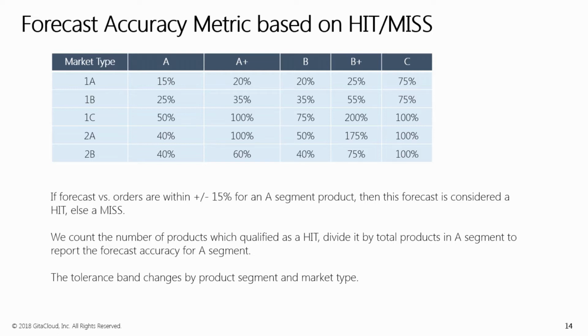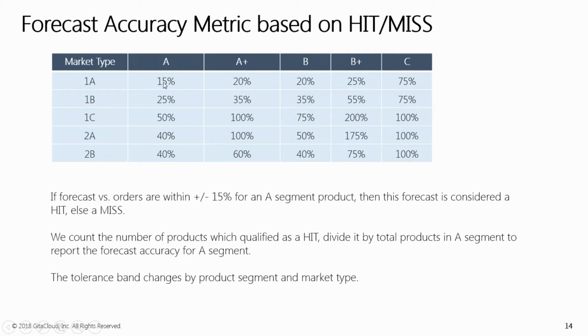So the way you read this is, for market type 1A, depending on the ABC classification, so A items, B items, and C items, they are further classified as A plus A, B plus B, within AB. So these are based on the dollar volume.